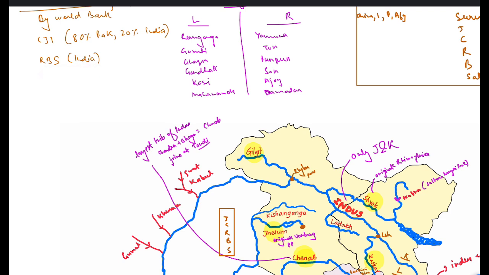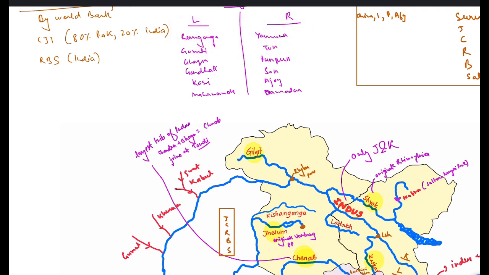And Ravi and Byas have complete ownership of India. So you need to remember that these are called western rivers because for India this is west, and this is eastward, eastern rivers. If a question is asked which one is the eastern and western rivers, you should remember that.